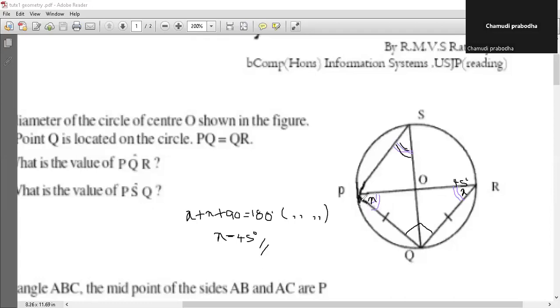A segment is formed by a chord and an arc length. The total area covered by arc length and chord is generally known as a segment. This is a small segment and this is a large segment.